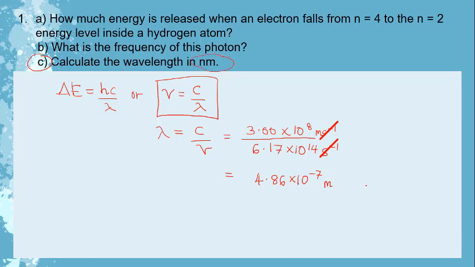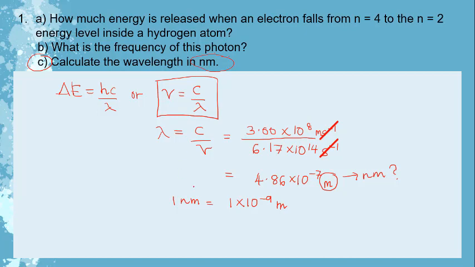So how do we convert meter to nanometer? As we know, 1 nanometer equal to 1 times 10 to the power of negative 9 meter.